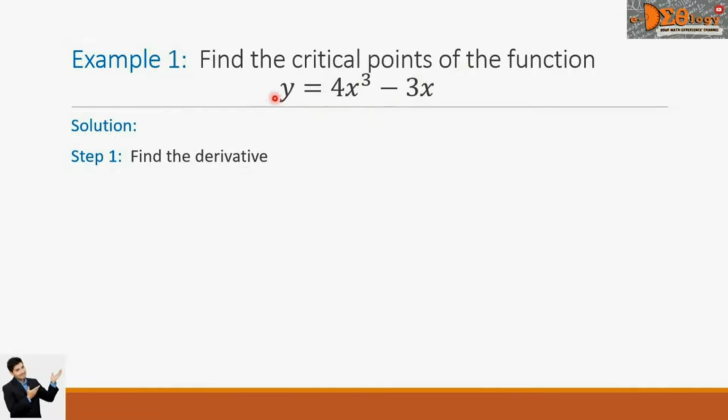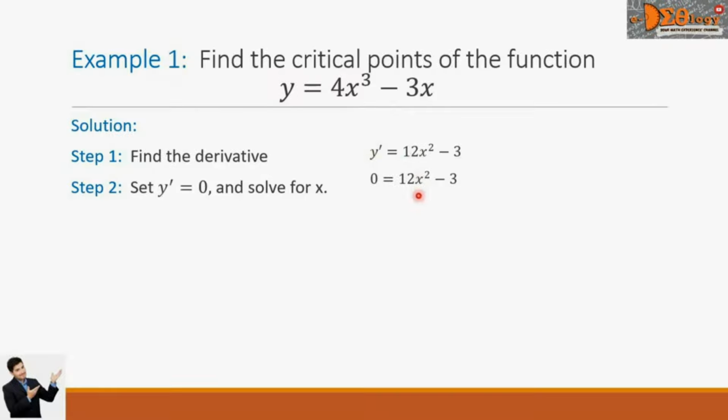The derivative of this function now is y prime equals 12x squared minus 3. Step 2, we set y prime equals 0 and solve for x. So the y prime here becomes 0 equals the right side values.